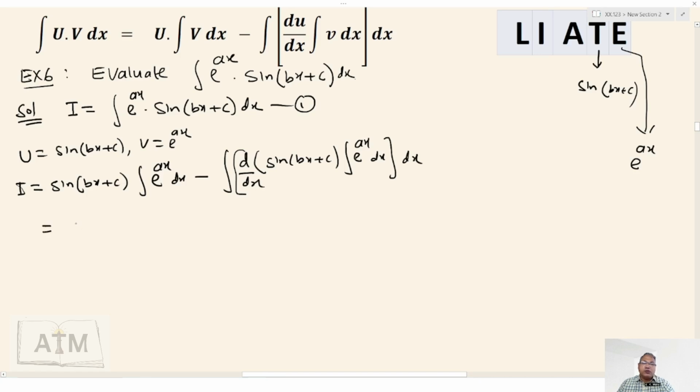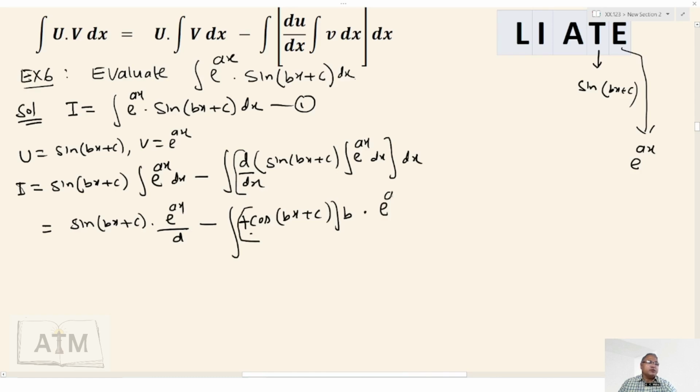This is equal to sin bx plus c into e raised to ax upon a, minus integration of the derivative of sin, which is cos bx plus c multiplied by b, and e raised to ax upon a, with respect to x.